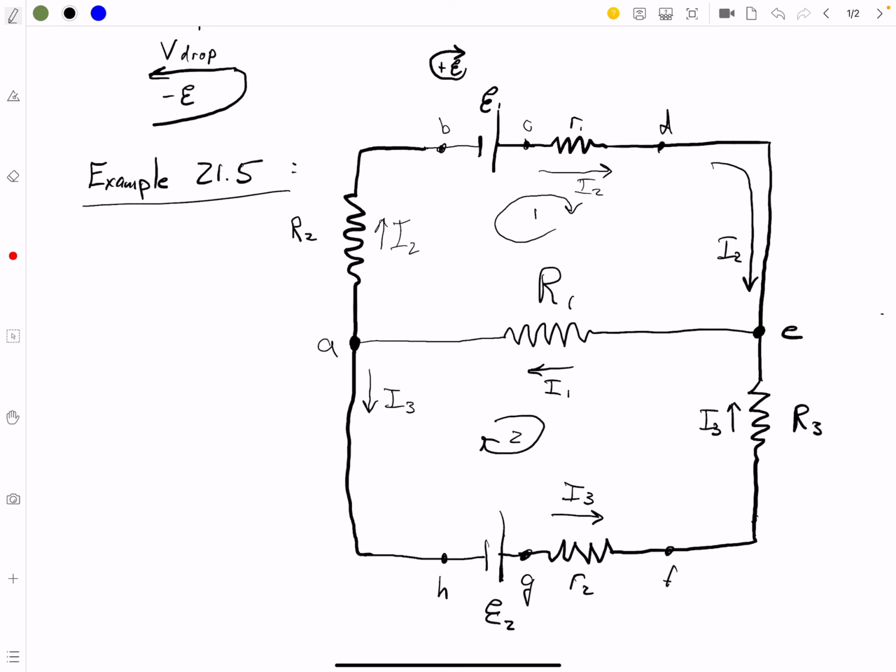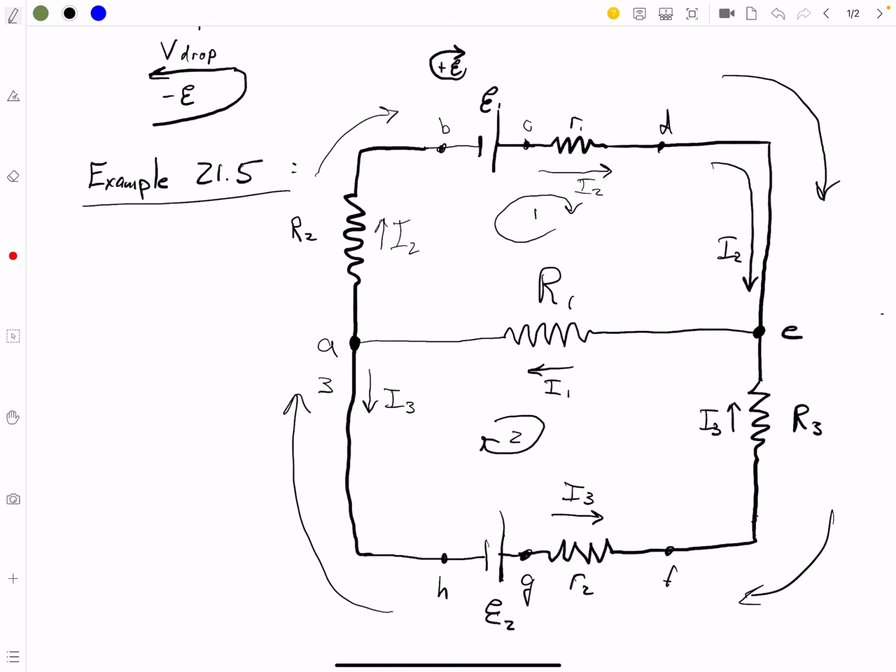That's our second loop. And then we can do our third loop on the outside, starting at A and coming back to A. That would be our loop 3. So that's our outside loop, if we want to do it like that. Okay, so that's loop 3. All right, golden.